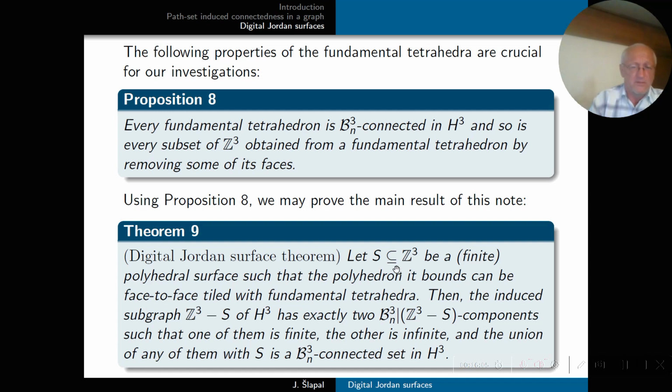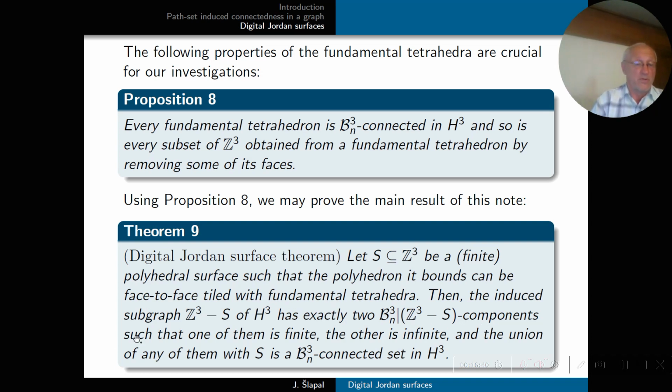And this is the main result of this talk, which is called the digital Jordan surface theorem. If we have a subset of Z cubed, the three-dimensional digital space, which is a polyhedral surface S such that the polyhedron it bounds can be face-to-face tiled with fundamental tetrahedra, then the induced subgraph Z cubed minus S has exactly two components.